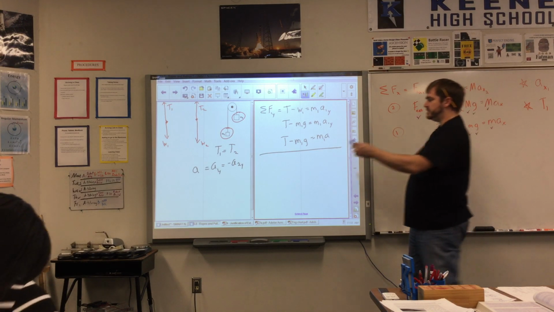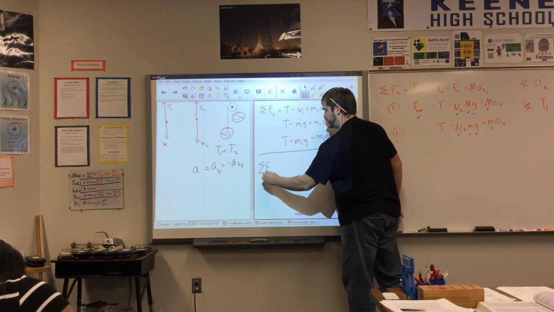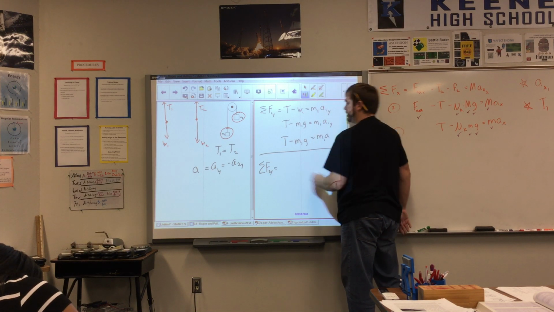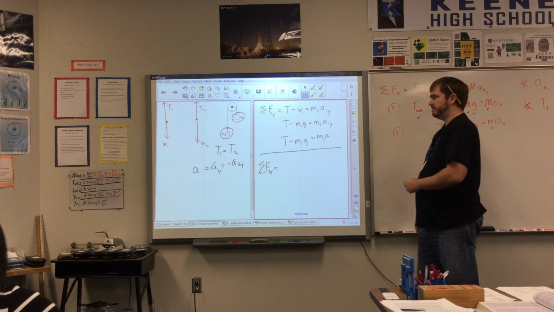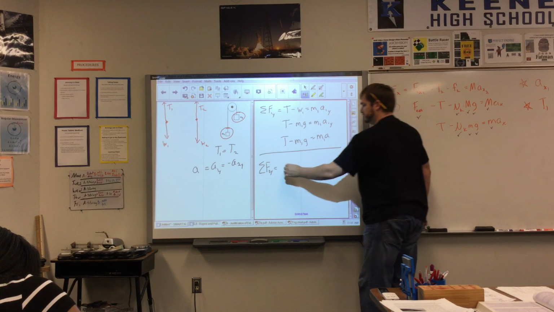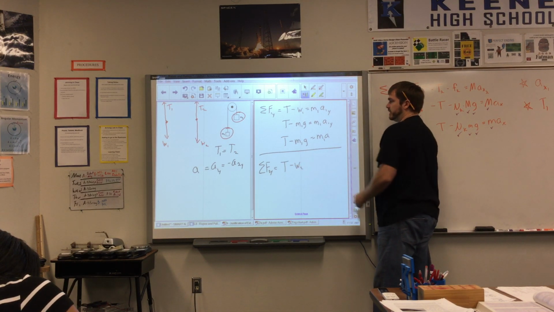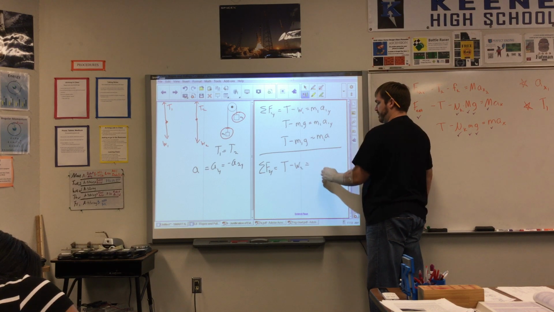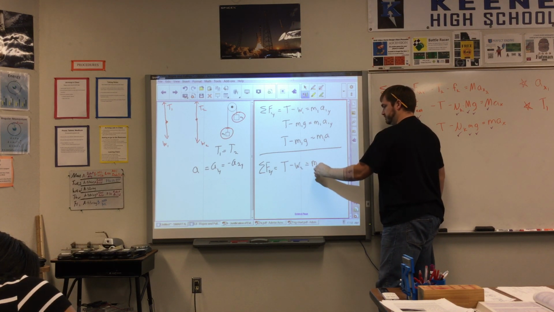Emily Velasquez, could you get us started on the summation of forces for object 2 in the y direction? Would it still be tension minus weight? And I'm going to say weight 2. Okay, keep going. Equals mass 2 times acceleration 2.